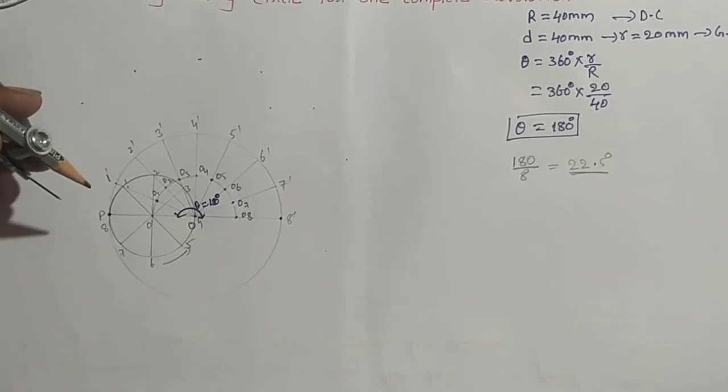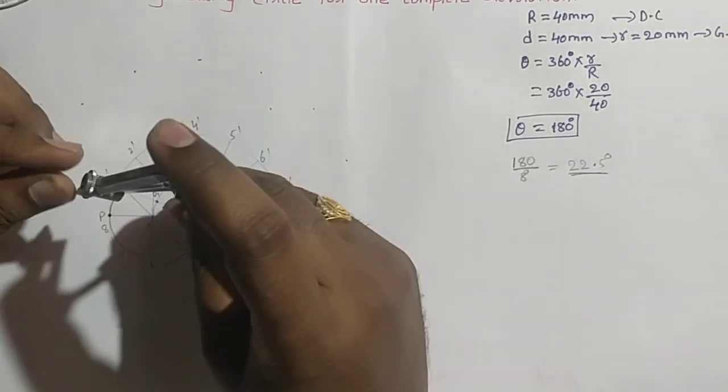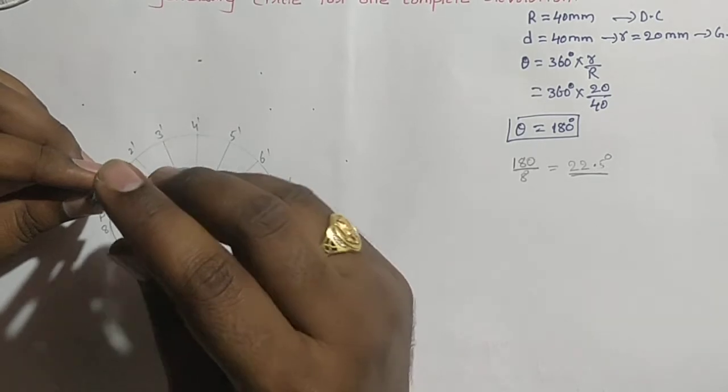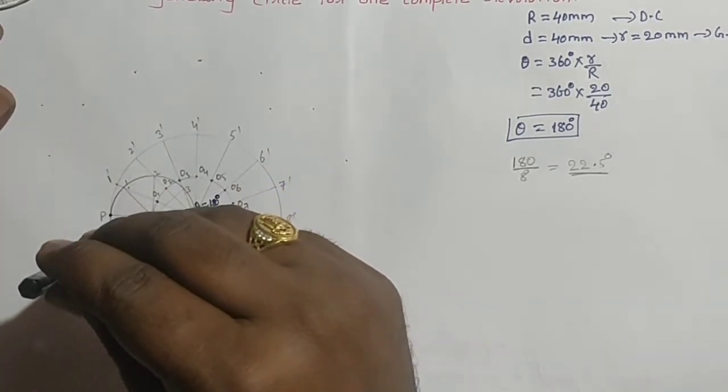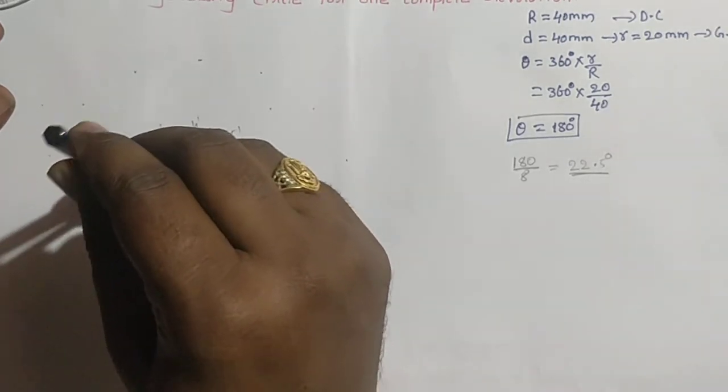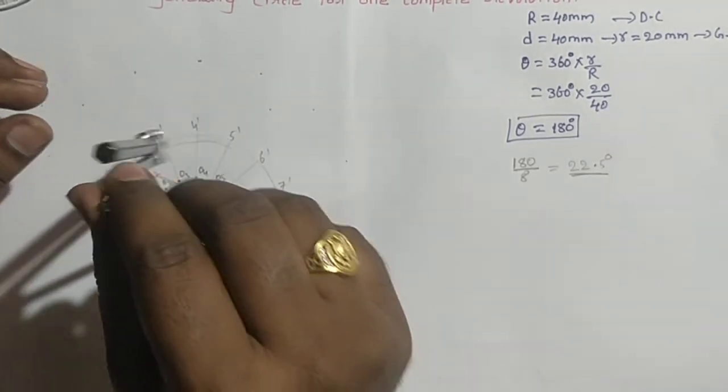Next, similarly, draw a radial arc from the center of the directing circle with radius O1 and O7.